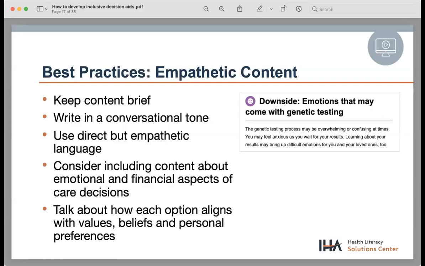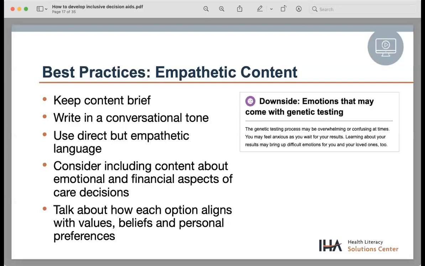In this example, we have a screenshot of a page from our My ALS decision tool, which we'll look at in more detail a little bit later on. This is a decision tool for people living with ALS that describes the process of genetic testing for ALS, and goes through the benefits and downsides of genetic testing.